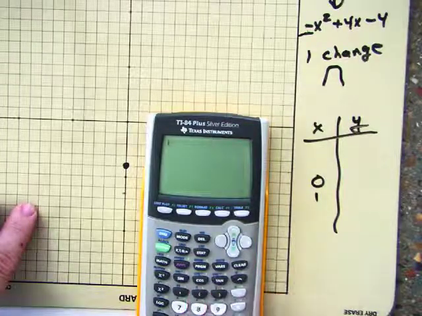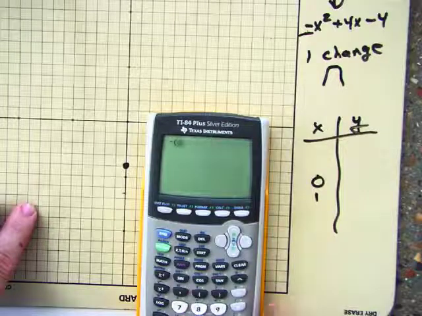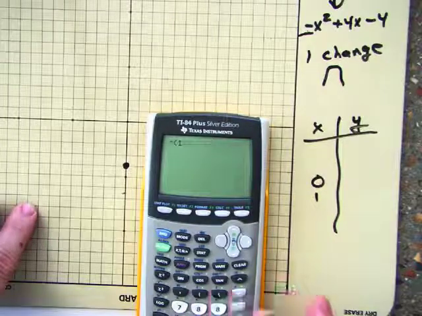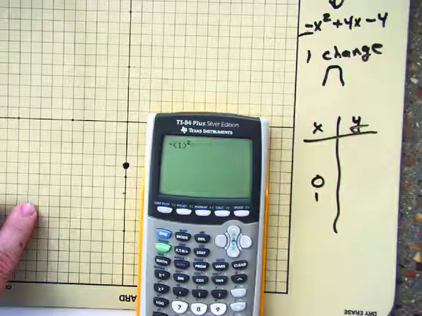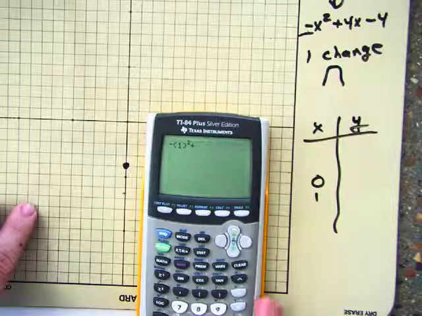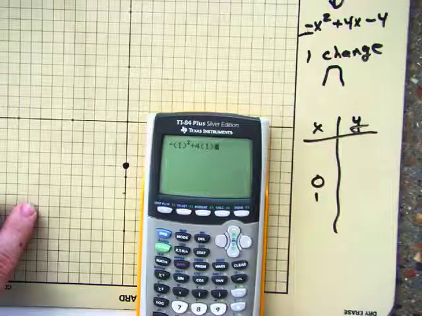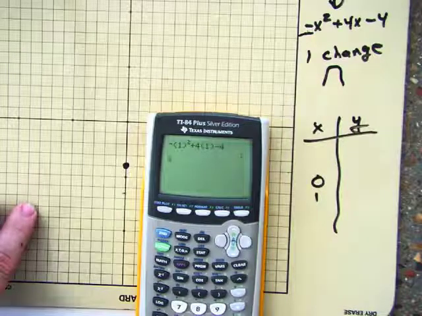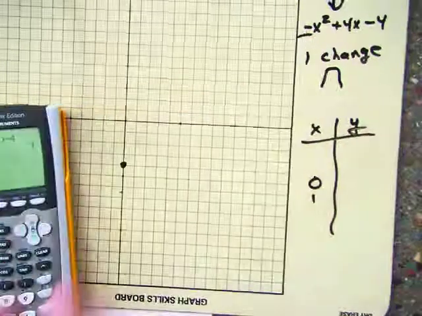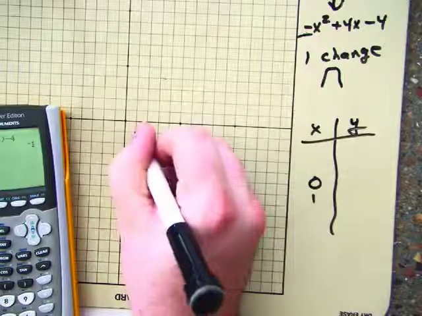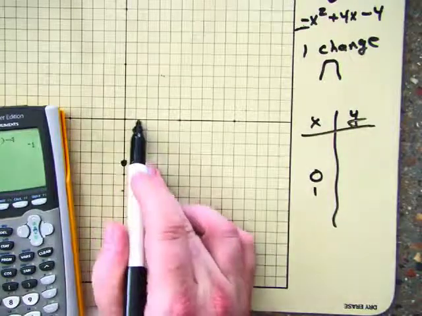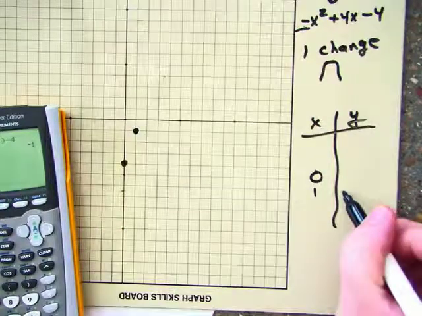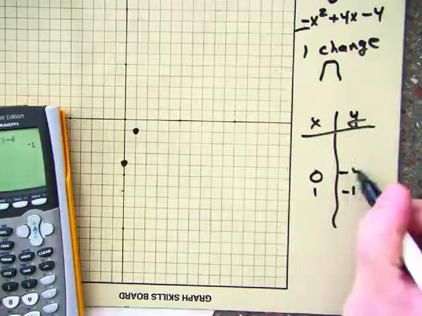Let's type it in, negative x, which is 1, and we've got to square that, plus 4 times x minus 4, and we see we're at -1. So when it's +1, we get -1. So that's -4, that's -1.